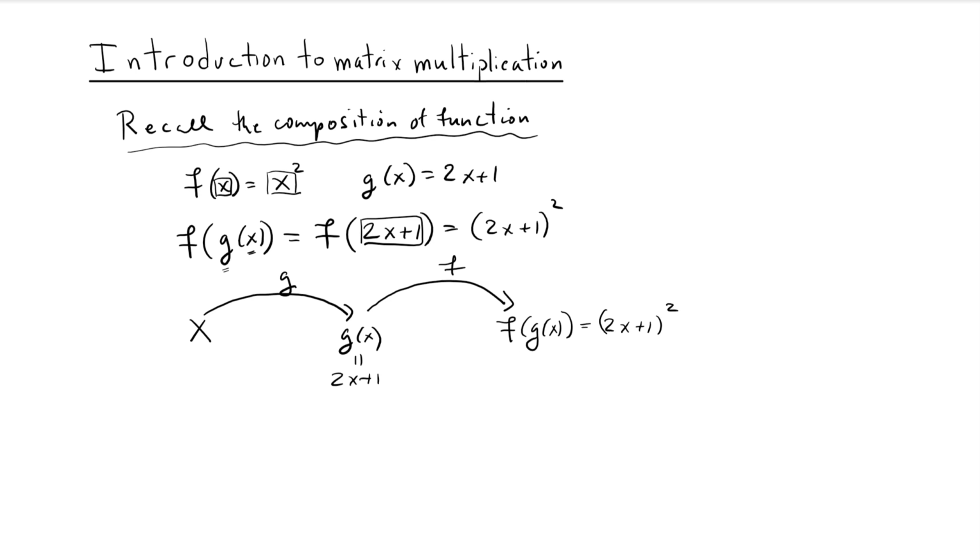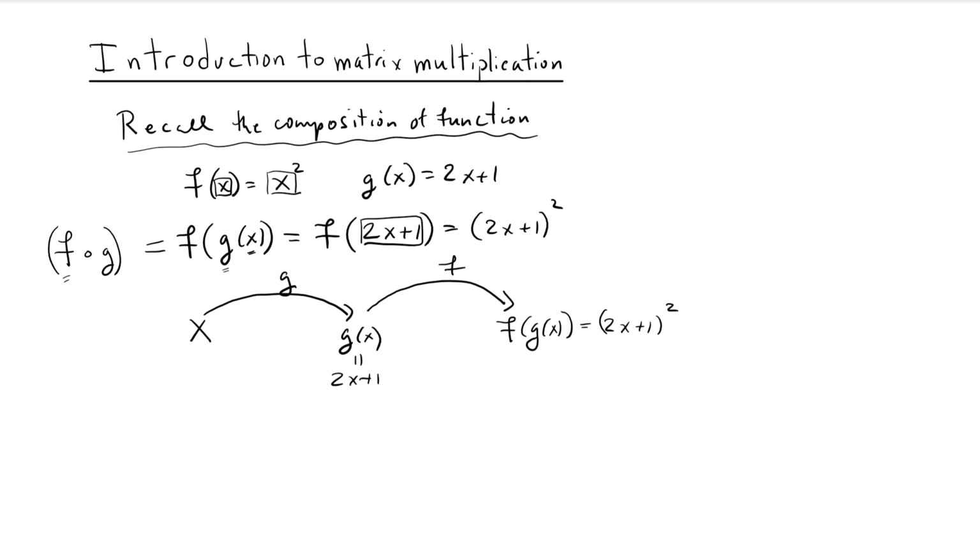Now this function, f of g of x, we could give it a new name, like h of x, but it's also interesting to give it a name that's based on f and g. The symbol that we use is f dot g. You should have seen this in calculus and in high school. And why is it f dot g? It's because it reminds us that it's equal to f of g of x.